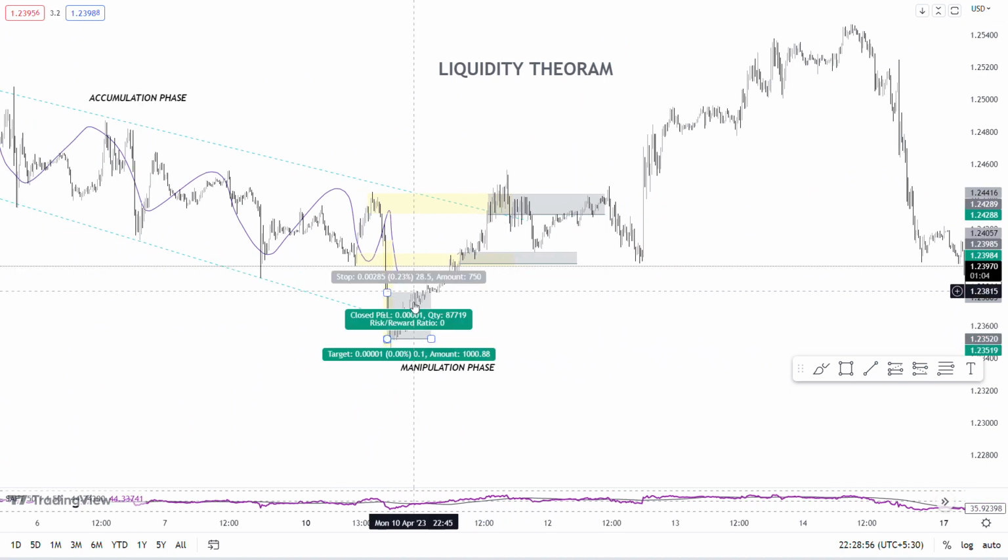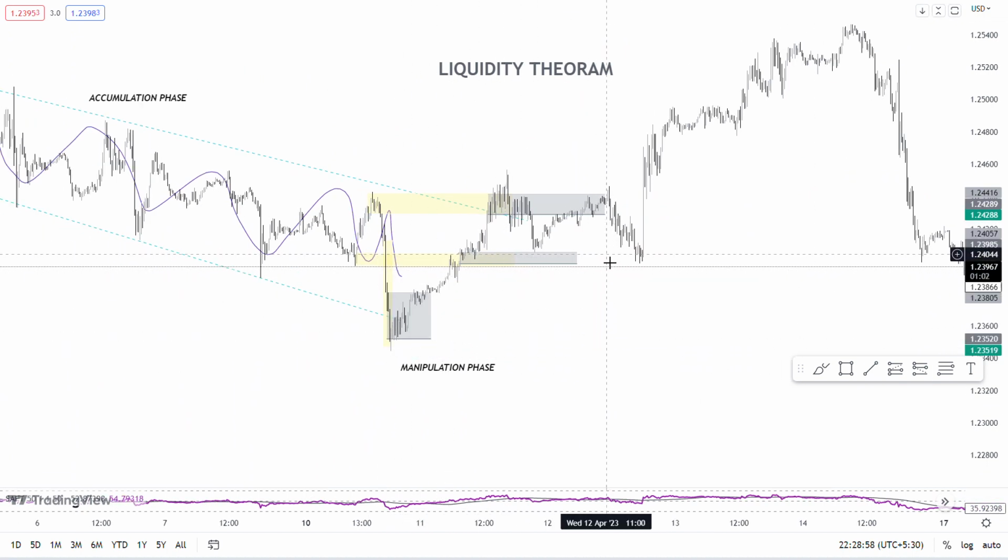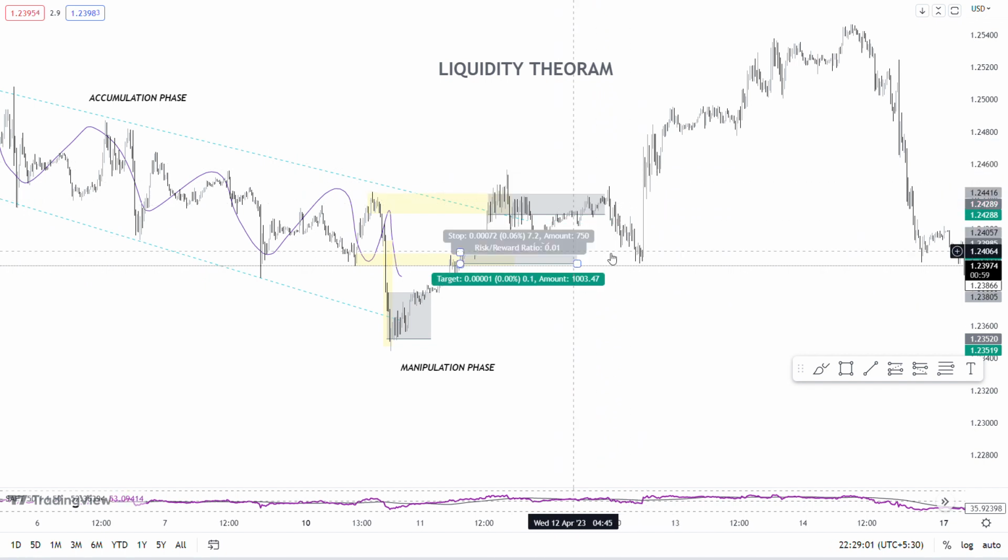See, this is the retailer trap, and this is the first smart money breaker block trap, and this is the extreme smart money trap.